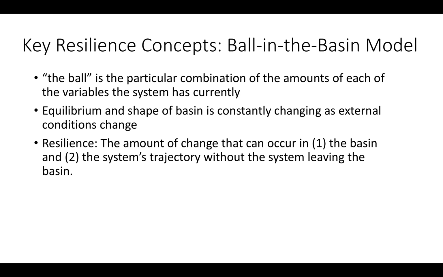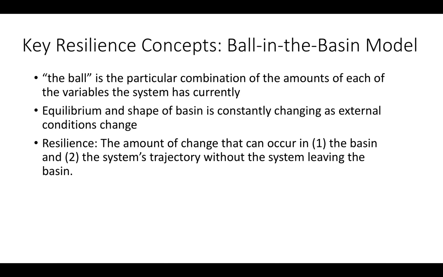So what are those key variables in the system, and what's the whole picture of that system? Both the equilibrium and the shape of the basin are constantly changing as external conditions change, as the system gives feedback.